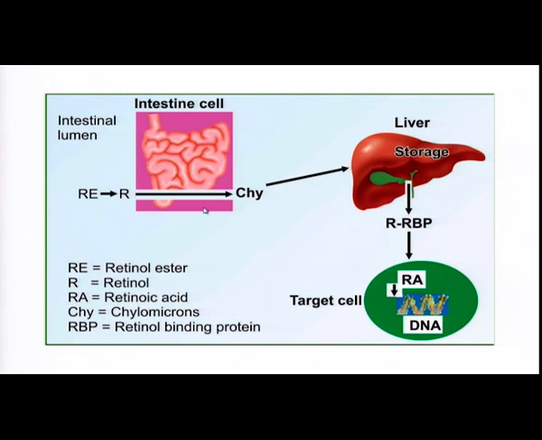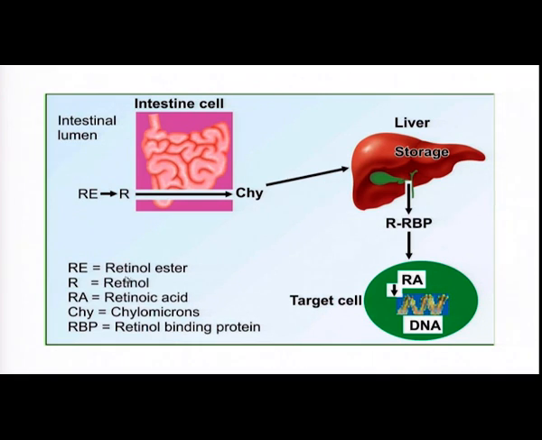So, you see there the retinol ester. The retinol ester is basically what you find over here being absorbed in the intestines and being broken down in the brush border intestines, goes to liver, and from the liver it is being transported to the target cells being bound with retinol binding protein.